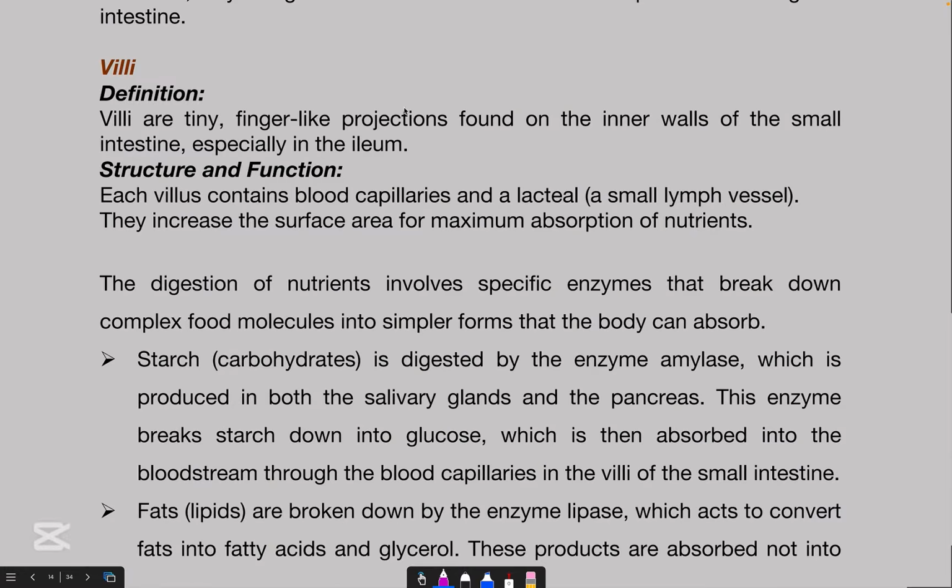The capillaries will carry food to the blood, while the lacteal will carry the nutrients to the what? To the lymph. Are you getting it? Every villus contains these two things: the blood vessel, which is a capillary, and the lacteal, which is a small lymph vessel. They increase the surface area for maximal absorption of nutrients.